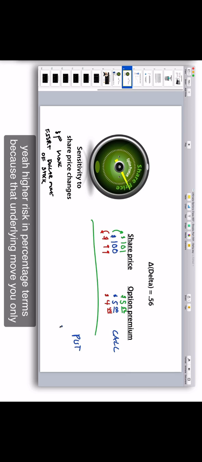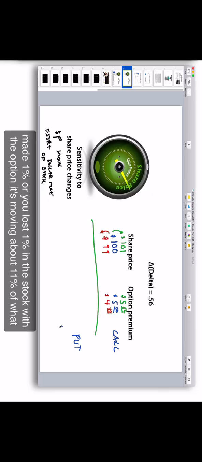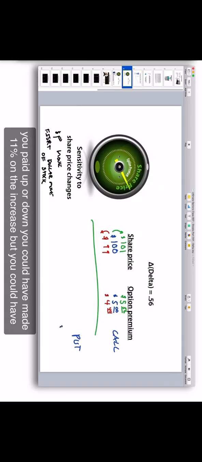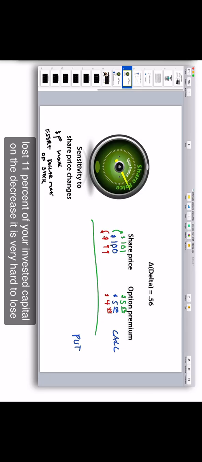Yep. Higher risk in percentage terms, because that underlying move, you only made 1% or you lost 1% in the stock. With the option, it's moving about 11% of what you paid, up or down. You could have made 11% on the increase, but you could have lost 11% of your invested capital on the decrease.